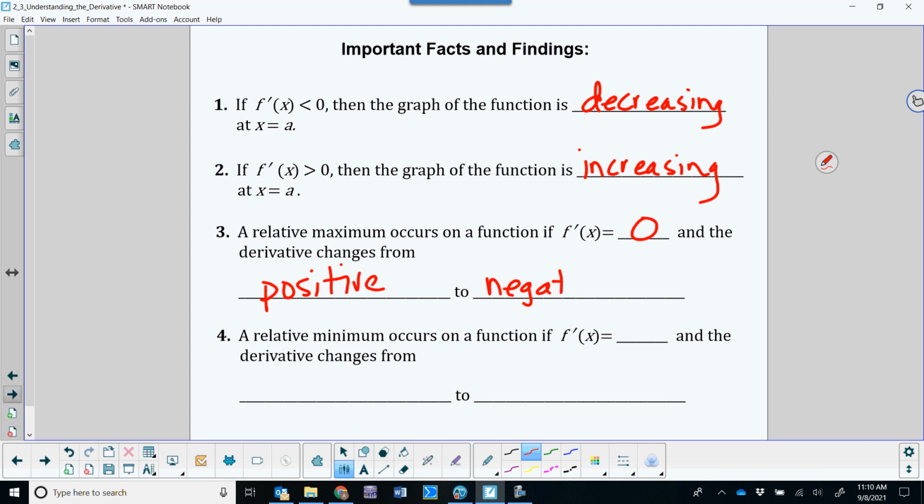And the reason is because a positive derivative means increasing, negative means decreasing, therefore that must be a relative max. Okay? And then a relative minimum occurs when this is 0, and then the opposite, the derivative changes from negative to positive.